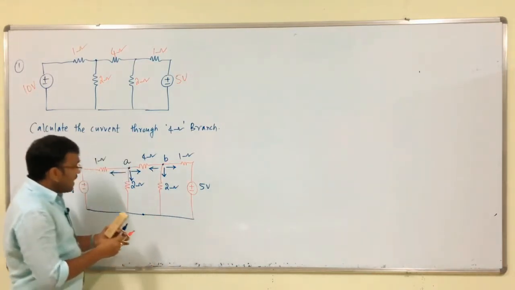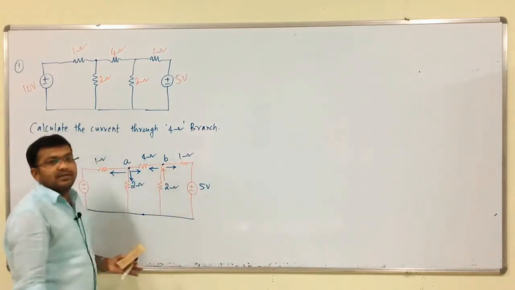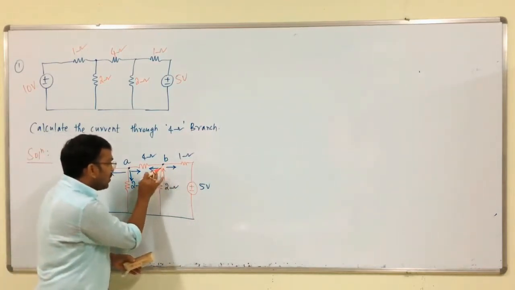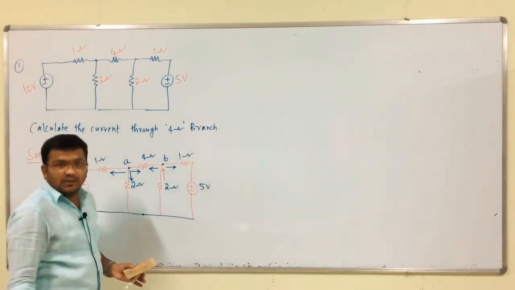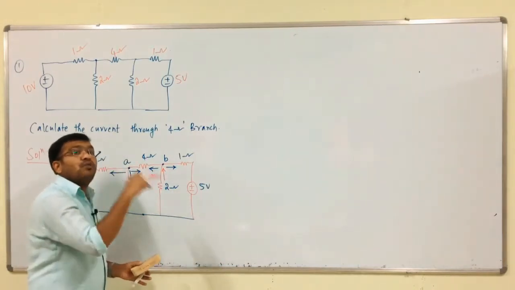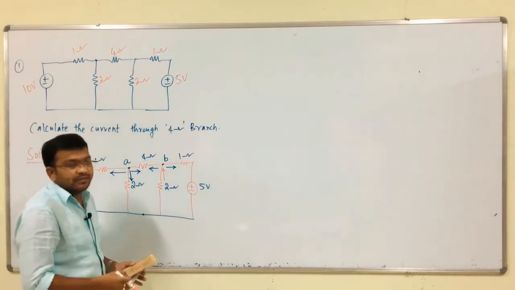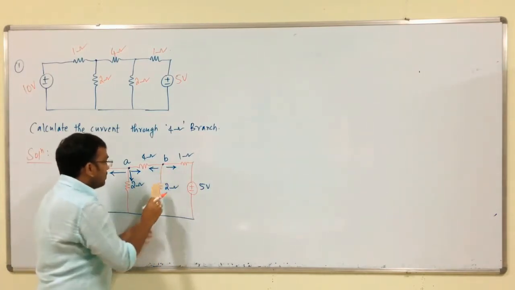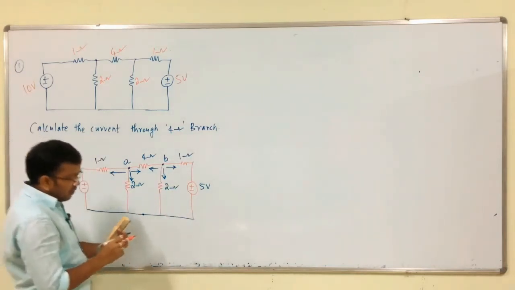If, for example, the examiner provides the current direction for this branch like this, then except this branch you have to assume your current direction for the remaining two branches. If he provides the proper current direction, go with that direction, otherwise assume your own current direction. Okay. Leave it.